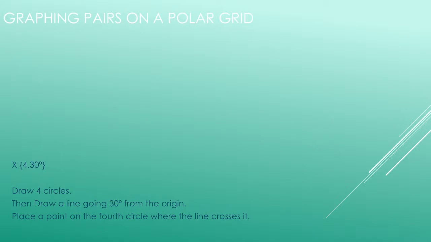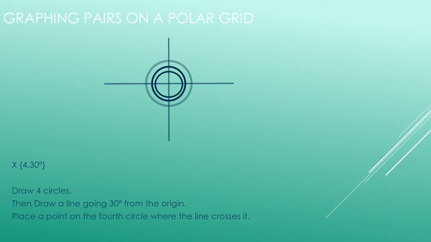So let's see how this pans out. We draw our x-plane, and then we draw our y-plane, and that's the basis of our graph. Now we'll graph the 4 circles. There's circle number 1, circle number 2, circle number 3, and lastly, circle number 4.